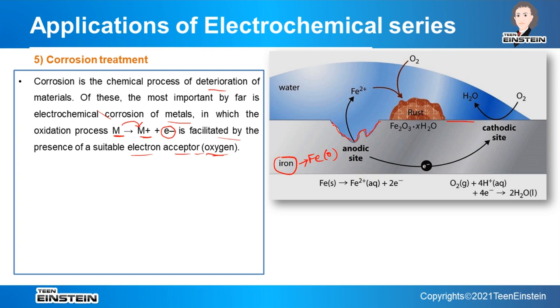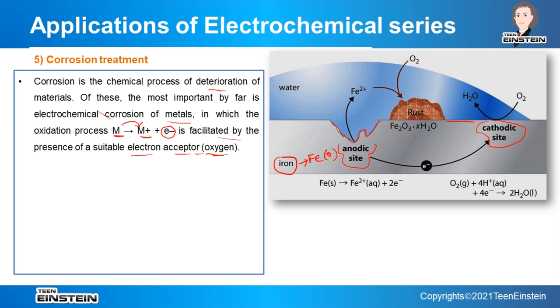Where the surface is not smooth, that is a very narrow space, oxygen cannot reach very easily. So it acts as an anodic site, and the smooth surface, which can easily be in contact with oxygen, acts as the cathodic site. Fine.